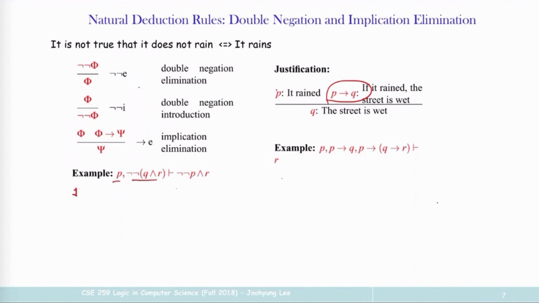What should I write in the first line? P, because P is a premise. This is always safe to do. And another premise. I'm teaching you how to write a proof.